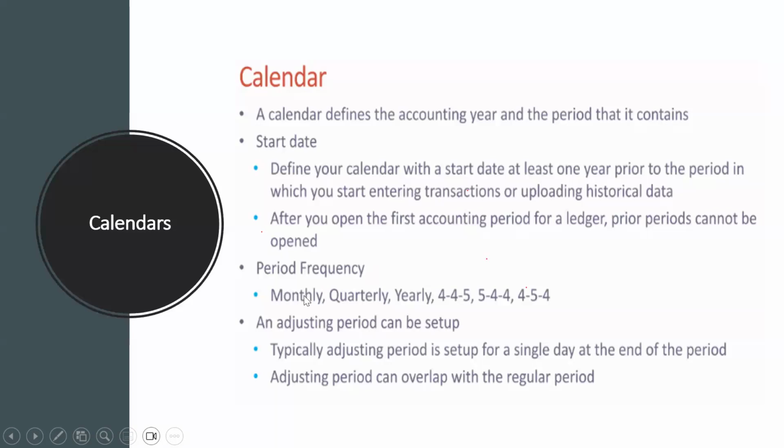With monthly frequency you see 12 periods every year, with quarterly you see 4 periods. There is also a weekly option, where every week is a period, so in one year you can see 52 or 53 periods in a calendar.